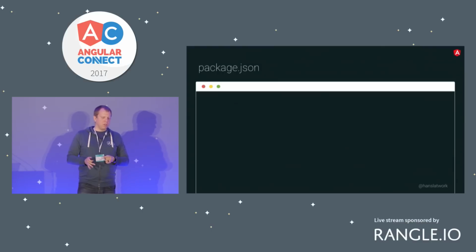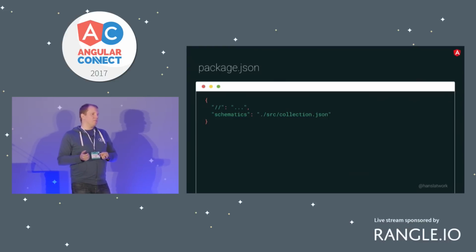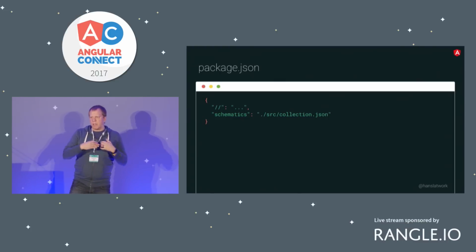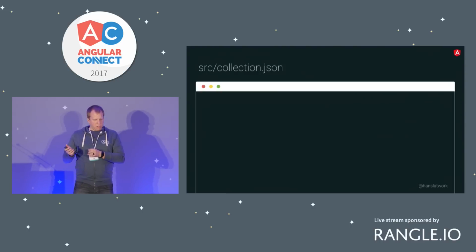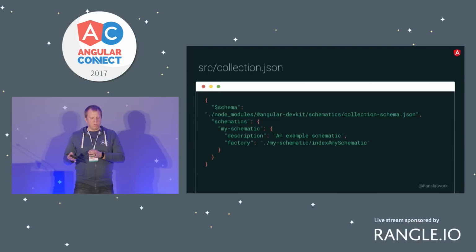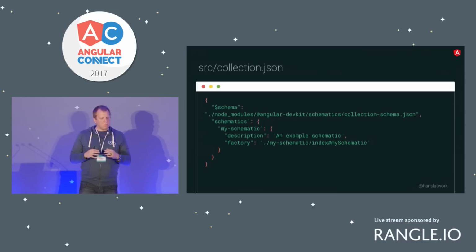Inside the package.json, you'll notice that we added a new key, schematics, that points to a collection. A collection is basically a package of multiple schematics that contain a name and then a bunch of options. For this example, we're going to create a new schematic that's called my schematic. There is a description, so if you do ng help, you're going to get the description.